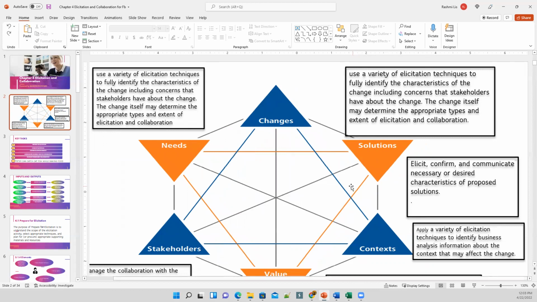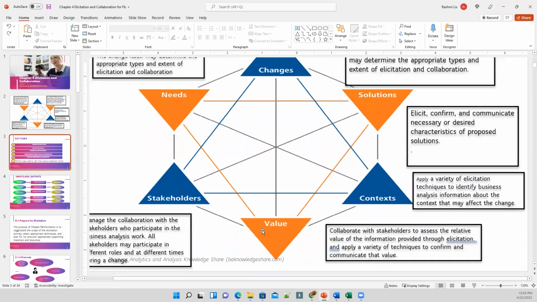The next one is solutions. Solutions elicit, confirm, and communicate necessary or desired characteristics of proposed solutions. Context applies a variety of elicitation techniques to identify business analysis information about the context that may affect the change.